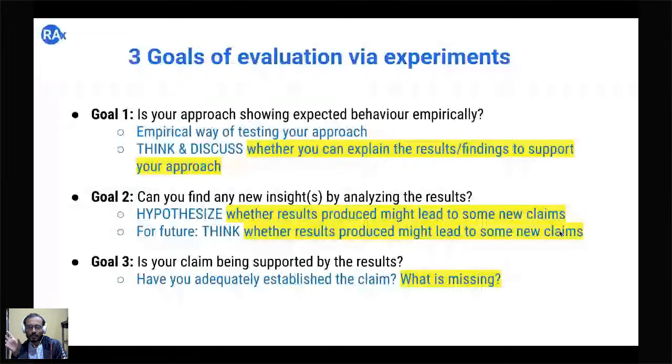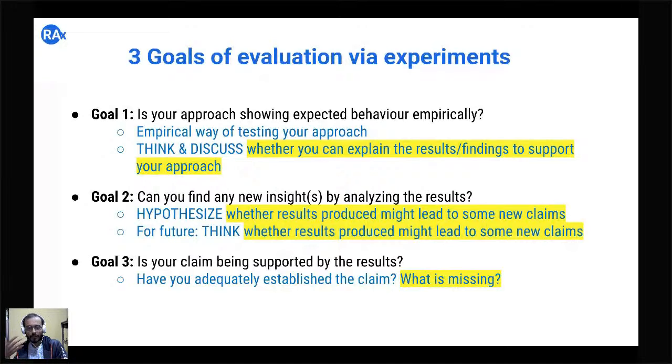Try to understand the result very, very deeply. Almost meditate on the results, and you might get interesting new patterns out of it which you were not even expecting, right?